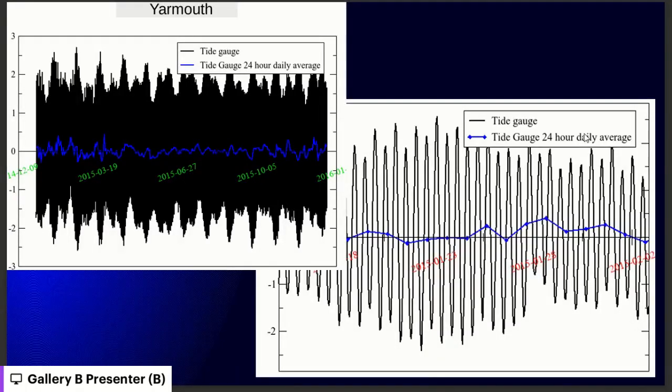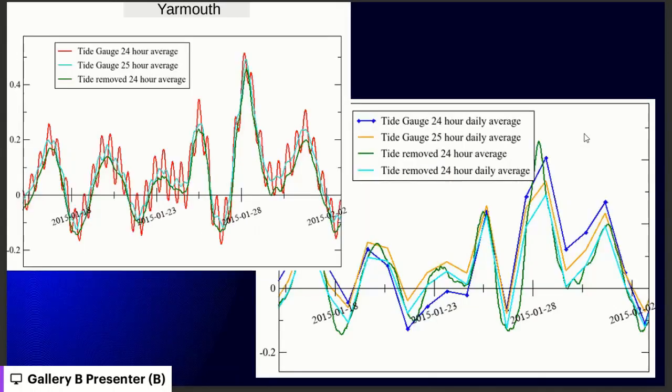Well, let's take a look at Yarmouth. The blue line looks pretty bad, not as bad as it did in St. John. When we start looking at the different signals that you're getting, what it looks like with 25-hour, 24-hour, and compare that to the analyzed, reduced signal, we're doing a much better job again with the 25-hour, but not as good with the 24.